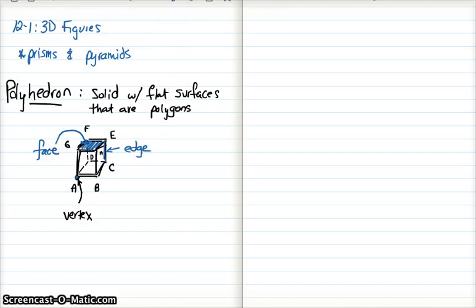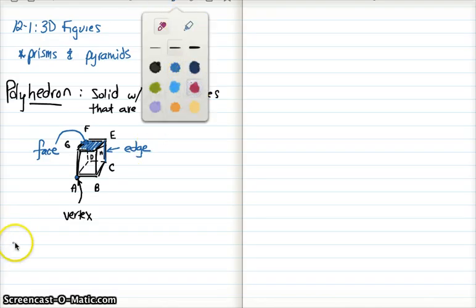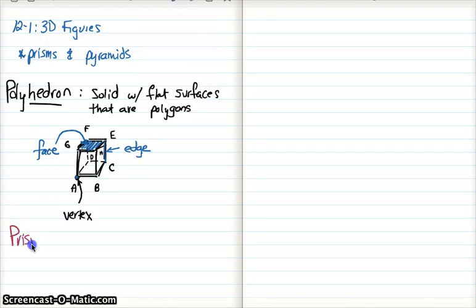Now let's talk about prisms in particular. A prism is a polyhedron with 2 parallel congruent faces called bases that are polygons. So again, a lot of terminology here. Let's get that down, and then we'll break it down by looking at different examples. So it's a polyhedron with 2 parallel faces.